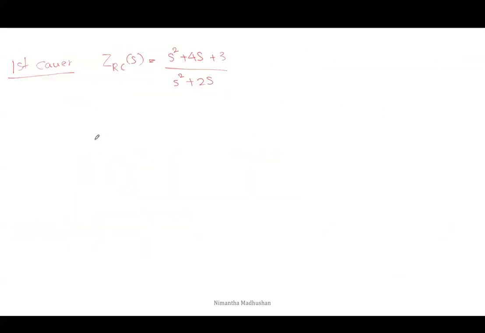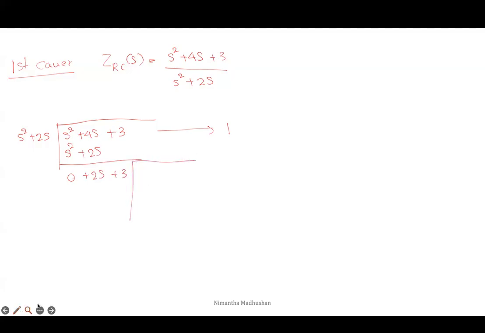Then I can apply the continued fraction expansion. The numerator is s squared plus 4s plus 3 and the denominator is s squared plus 2s. From this, the value is 1. I will multiply the denominator by 1 to get s squared plus 2s. After subtracting these two, 0 plus 2s plus 3 is the answer.